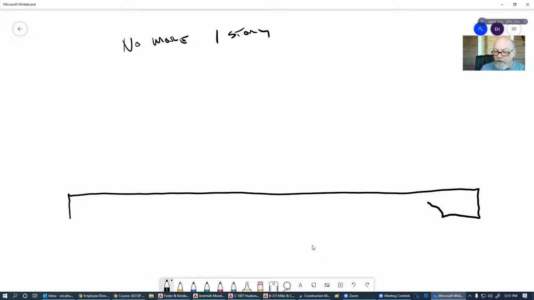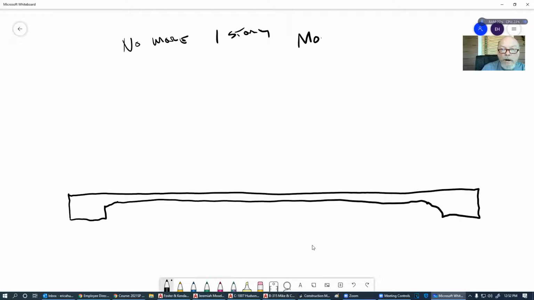So what happens is we're basically pouring our footing and our slab at one time, and that word is monolithic. Look there, I can spell something after all.